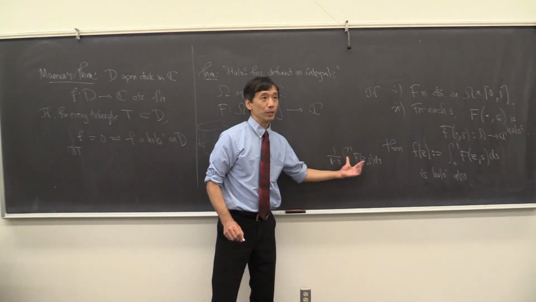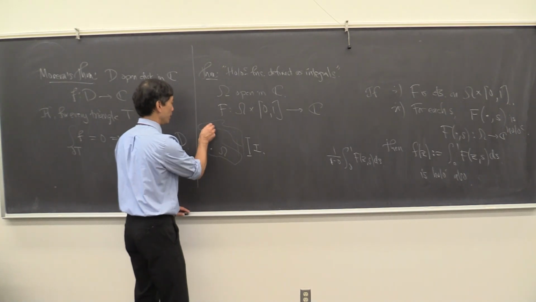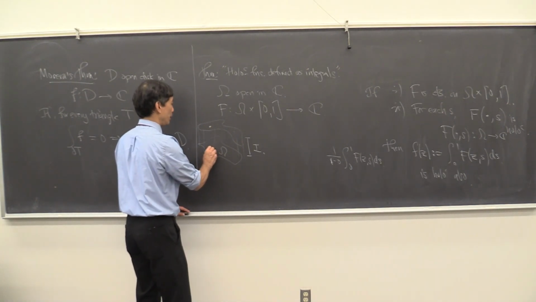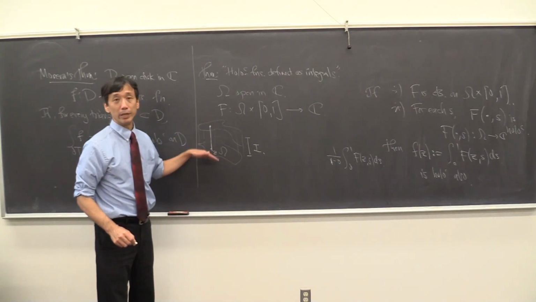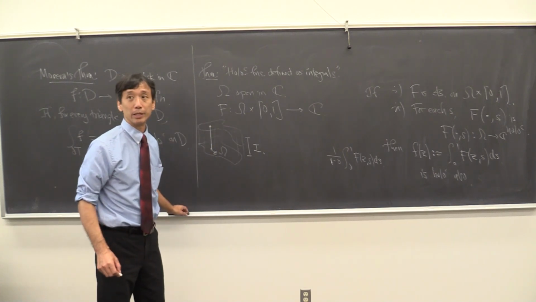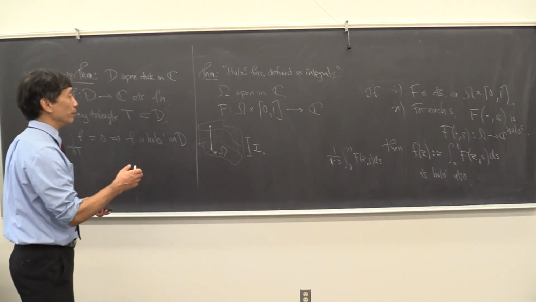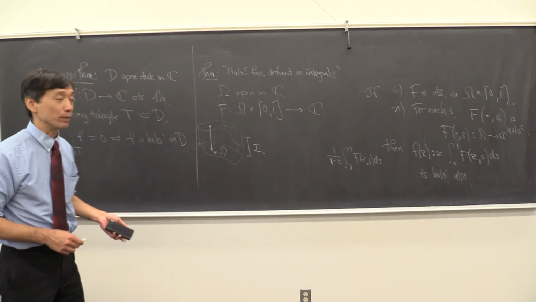So this is an average value. For each z in omega, you're integrating the function over that interval, and that gives you an average value. So what this is saying is that this sort of average of holomorphic functions is still going to be holomorphic.